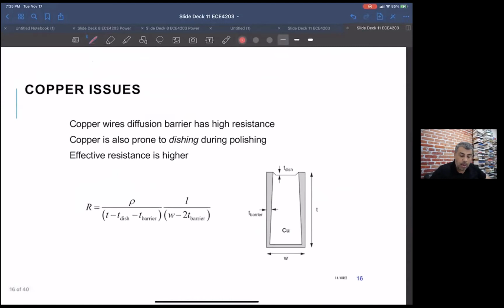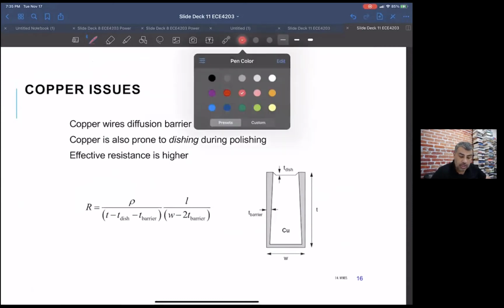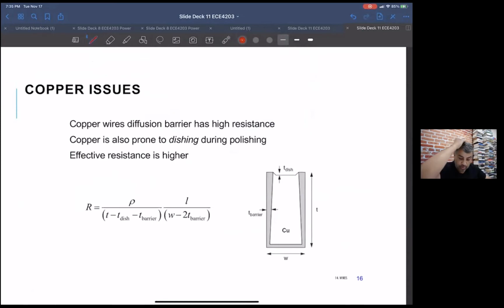copper. So copper can diffuse into silicon and cause a problem. So what they actually do, there's a very complicated process for depositing copper, and they have to put in a barrier around the copper to prevent the copper from basically leaching out to connect to transistors.